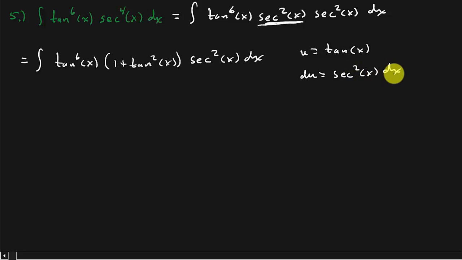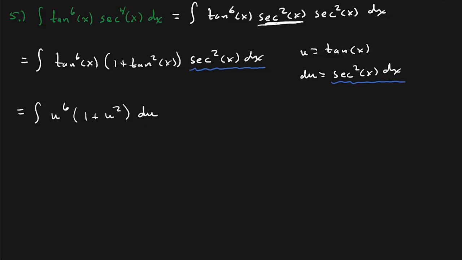So I'm going to replace tangent x with u. So that's u to the 6th times 1 plus u squared. And then look at this. Secant squared dx, I'm going to replace that with du.